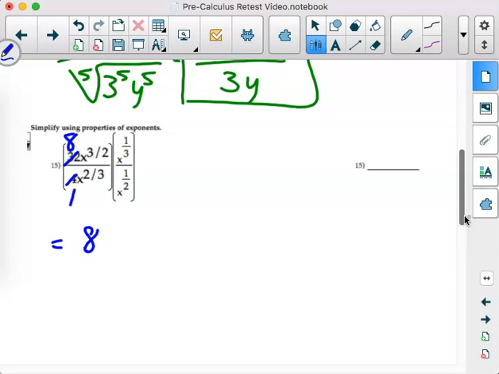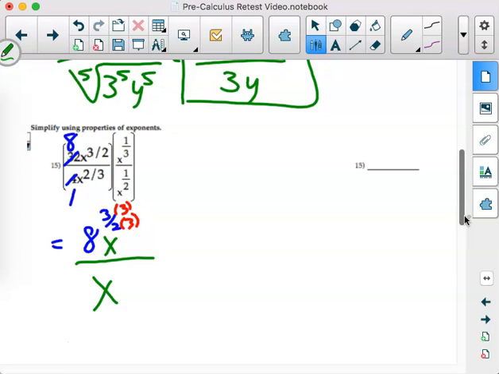So I'm going to change that 3 halves, and I'm looking at all the other numbers, and I see that I have denominators of 2 and 3. I'm going to change that into 6. So my 3 halves is going to need a 3 on the top and the bottom. Same thing on my denominator.